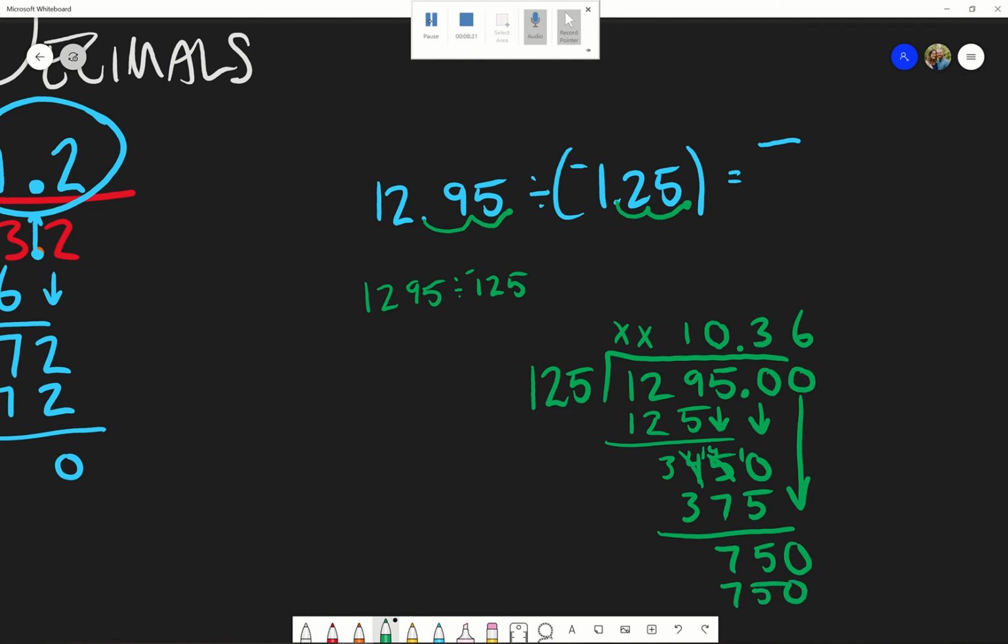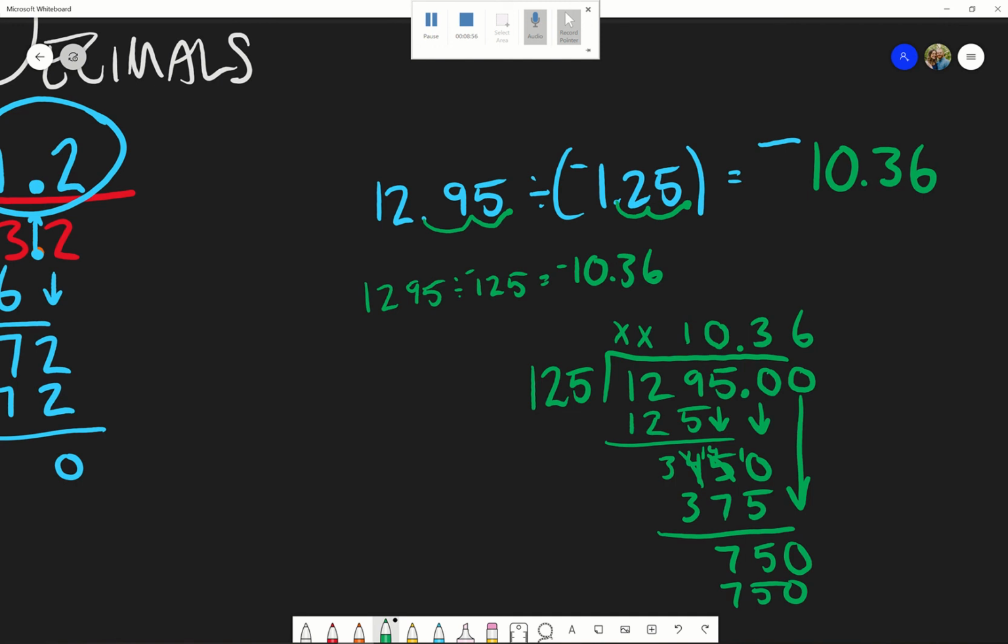So I get a grand total of negative 10.36. This is negative 10.36. Both the same. It just comes down to me doing my long division, making sure I know my integer rules, and making sure I don't ever have a decimal in that last digit.